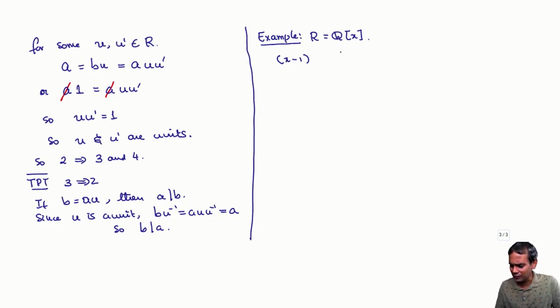Take any field here, it doesn't have to be Q. I claim that this has a very geometric, I don't know if you can call it geometric, but a polynomial description. It is the set of polynomials f(x) in Q[x] such that f(1) is equal to 0.